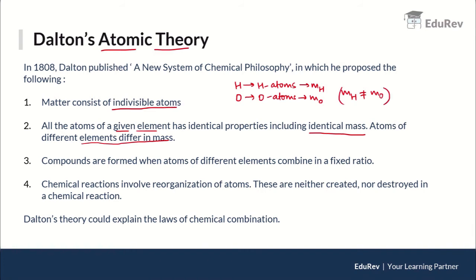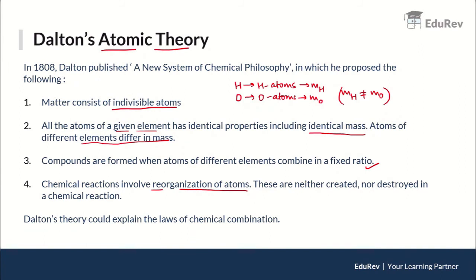The third point says compounds are formed when atoms of different elements combine in a fixed ratio. We have already studied this in our lecture 1, how compounds are formed. The fourth point is that chemical reactions involve reorganization of atoms. These are neither created nor destroyed in a chemical reaction.